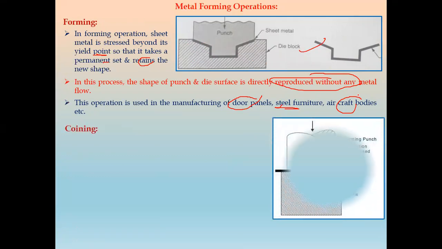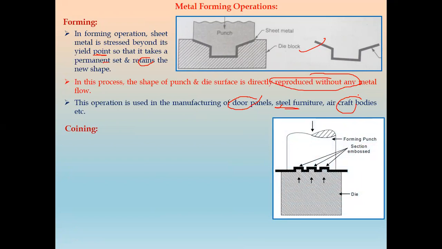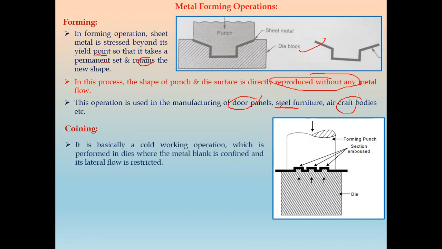Next, we have coining. This coining operation is to produce coin-like structures. It is basically a cold working operation performed in dies where the metal blank is confined and its lateral flow is restricted. So there is no lateral flow; there is only this flow.